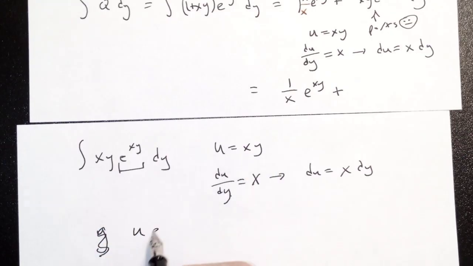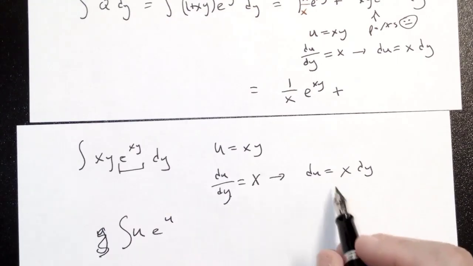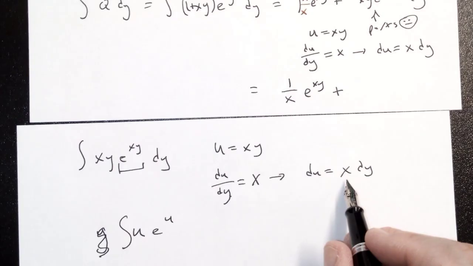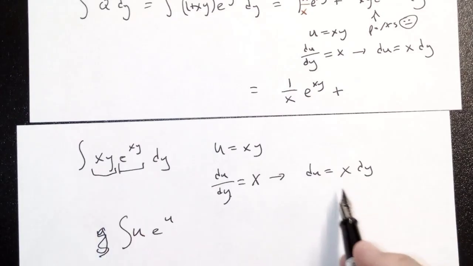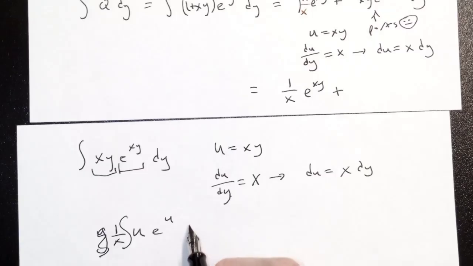It's u e to the u, right? But in order to get the du correct, I need that extra factor of x, don't I? So I'll have a 1 over x out here to go with the du.